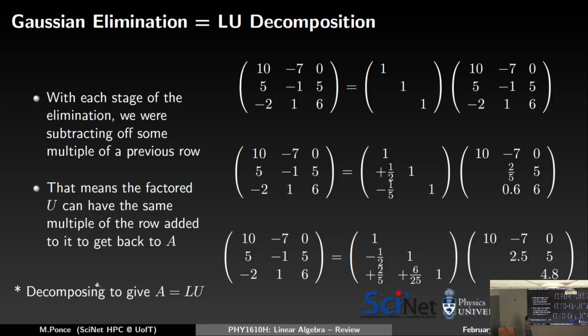If I keep doing this, at the end you should get the previous matrix. What you will see is that the upper triangular matrix that we end up with, if you multiply by this lower triangular matrix, you recover the original matrix. So basically, what we are doing here is decomposing the matrix into the lower and upper triangular parts. Okay.